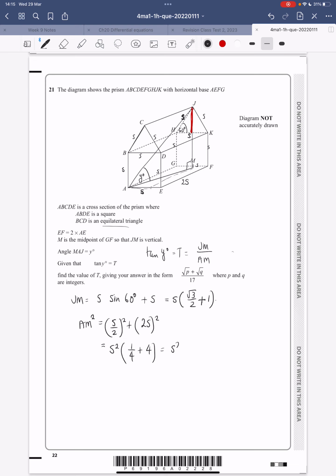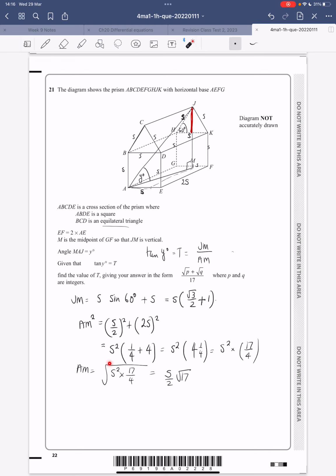So this is S squared times 4 and a quarter, which is S squared times 17 over 4. So AM, which is what we want, is going to be the square root of S squared times 17 over 4. So that's going to be S over 2 root 17.